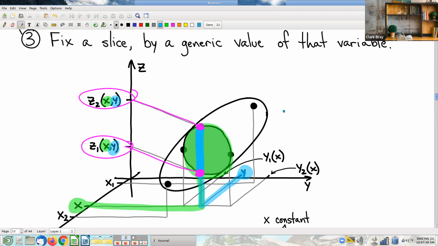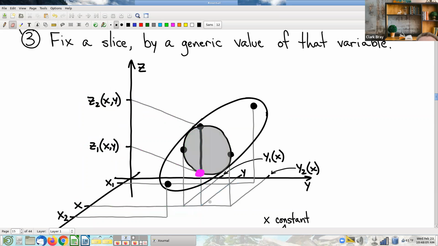Okay, yes? If you were to draw y1 of x, what would it look like on this graph? Well, you want to draw a graph of y1 as a function of x? Because we said it was the bound of the x slice, but the x slice looks like a circle. I got you.